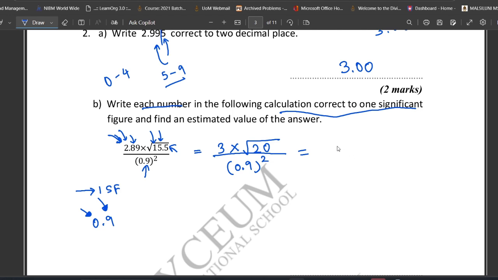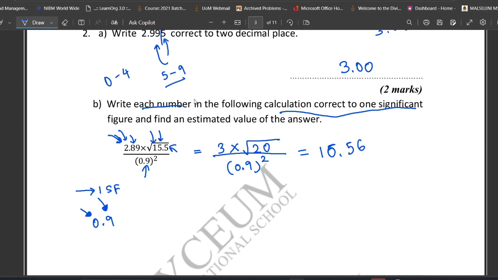If I get the answer using the calculator, I will get 3 times 20 over 0.9 squared. So that's 16.56.